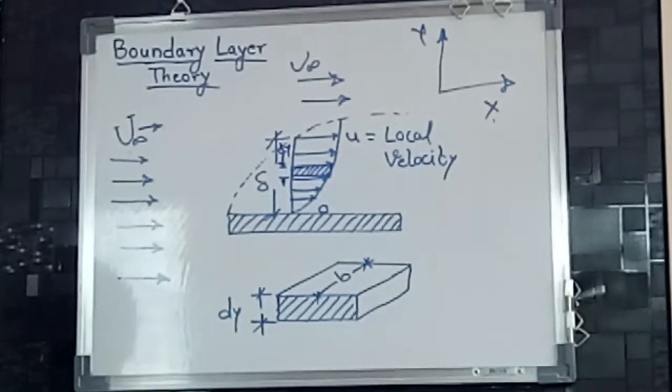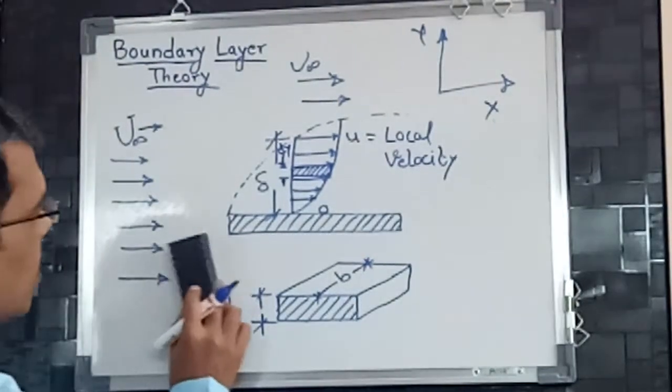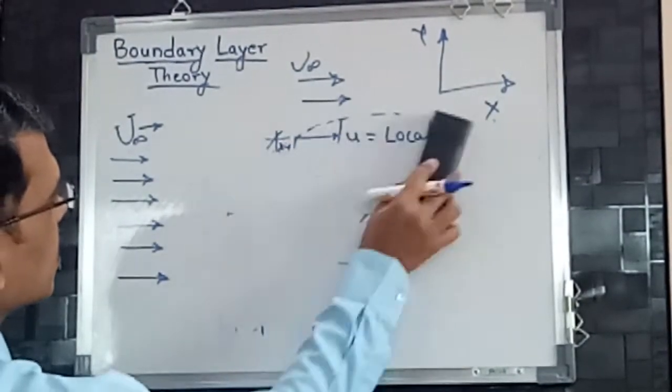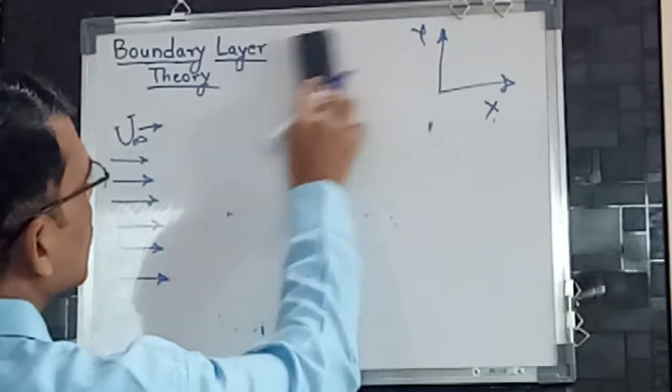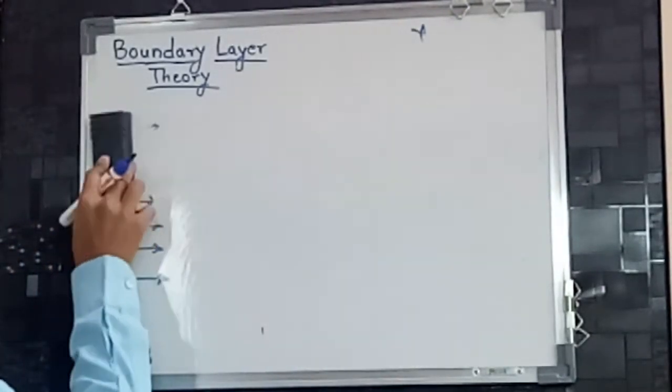Now here we calculate the mass flow rate per second. Here I will erase this diagram. Now you understand, and later on I will tell you what happened.